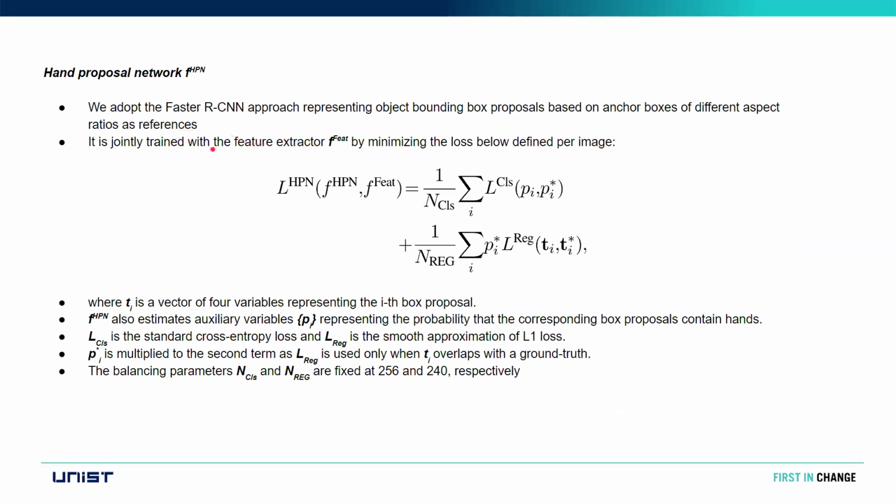For detection, they adopt a Faster R-CNN approach, representing object bounding box proposals based on anchor boxes with different aspect ratio references. First they have the feature extractor, and this loss is used for feature extraction.